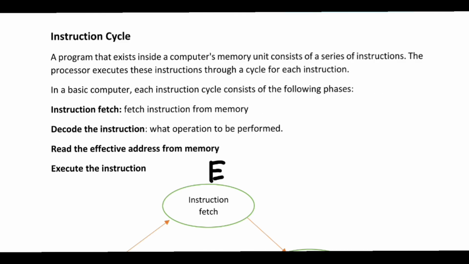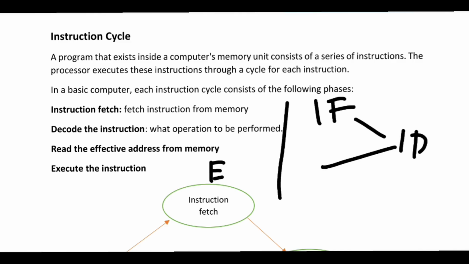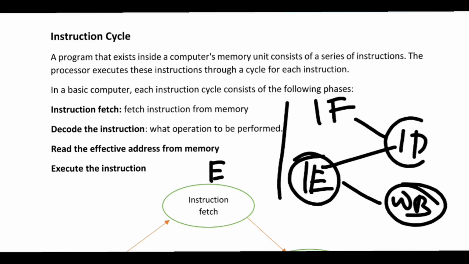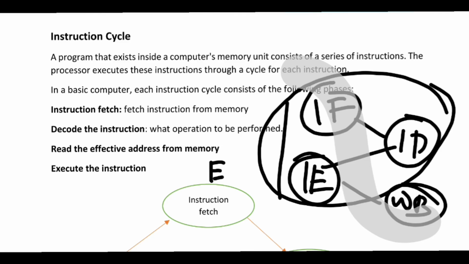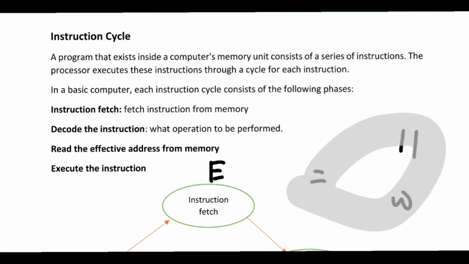You also find some other stages: instruction fetch, instruction decode, instruction execute, then write back. You also find these 4 stages in some books. These 3 stages are most important. Let's go for a discussion.